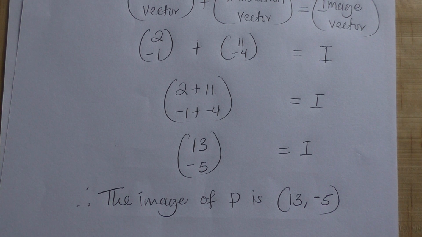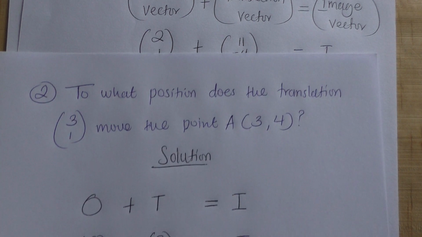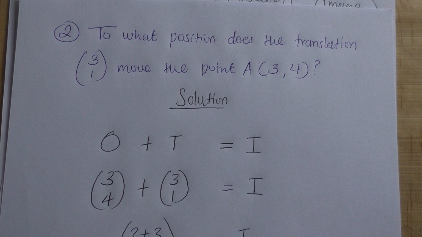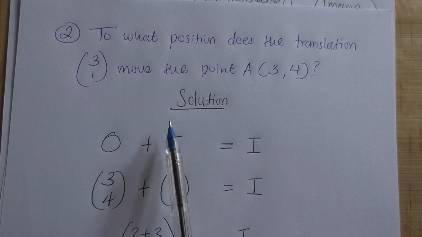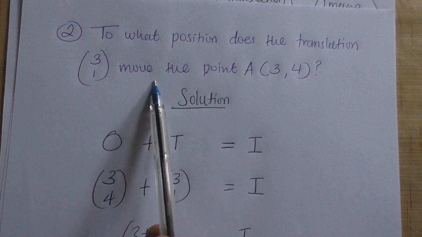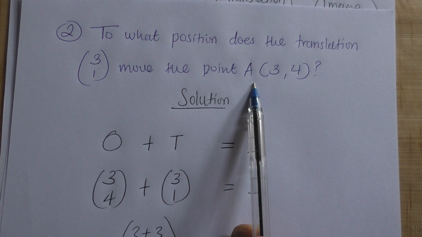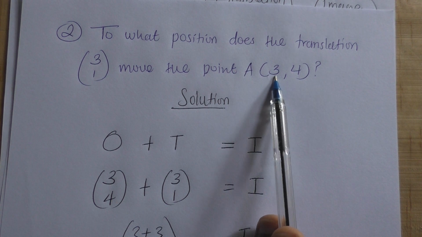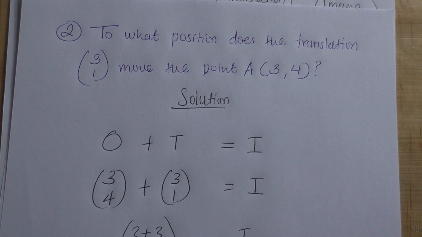Let us look at our second example. Example 2 says, to what position does a translation 3, 1 move a point A whose coordinates are 3, 4?